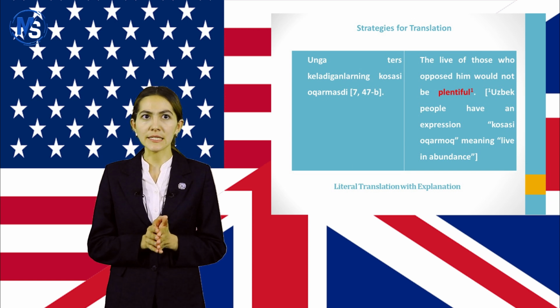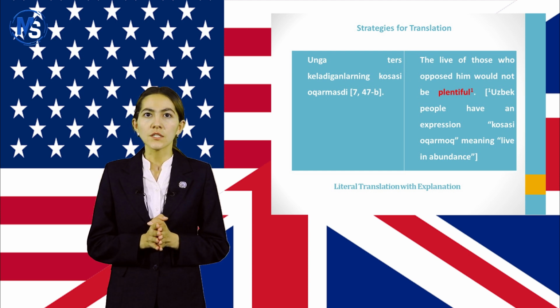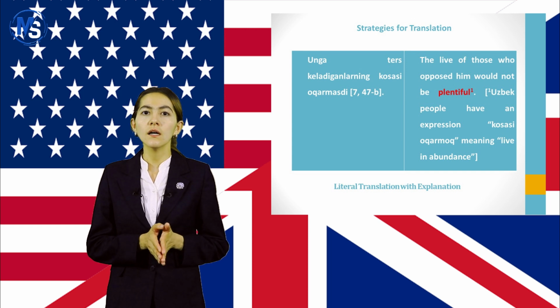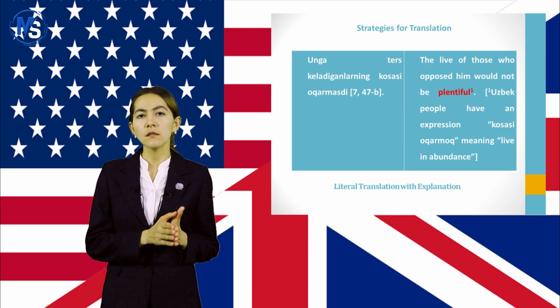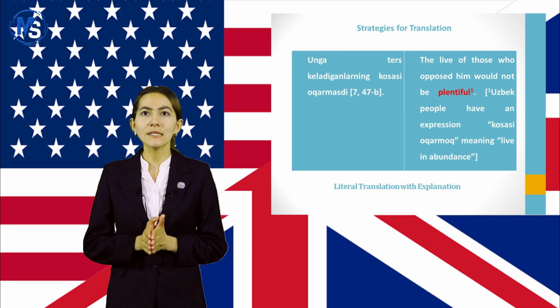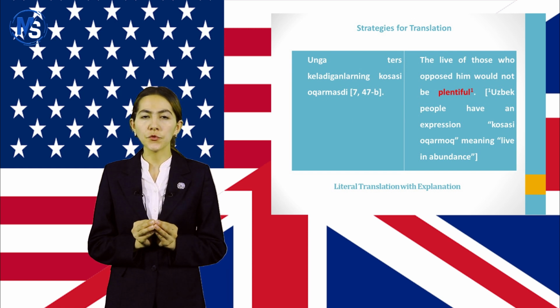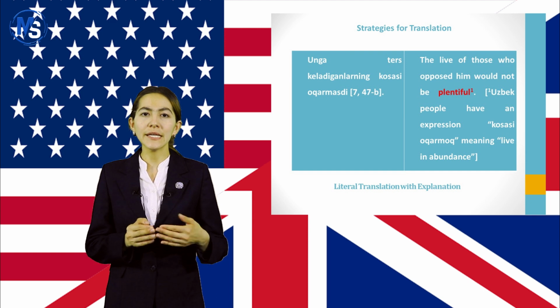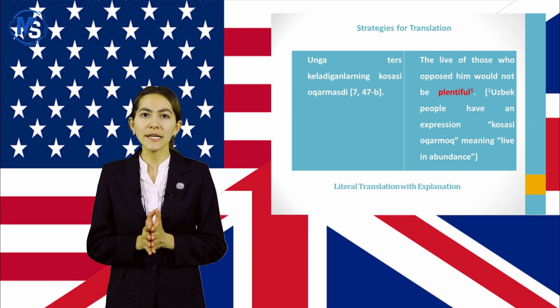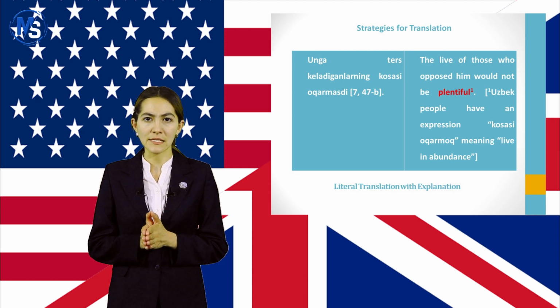The first example is: Unga ters kelganlarning kosasi oqarmasdi. The possible translation will be: the leaves of those who opposed him would not be plentiful. The word plentiful is given in translation with explanation. For example, Uzbek people have an expression kosasi oqarmoq, meaning to live in abundance.